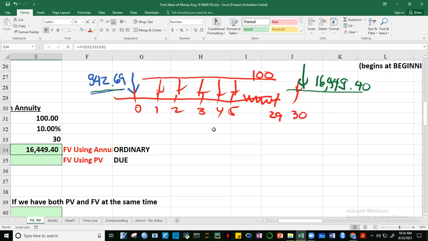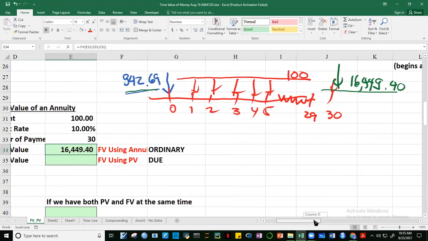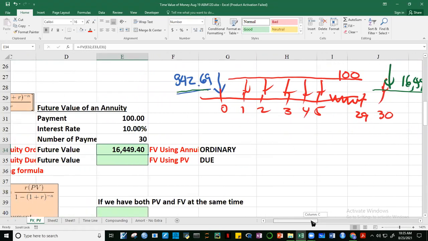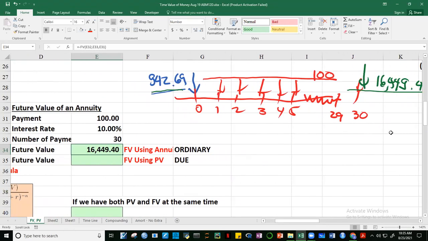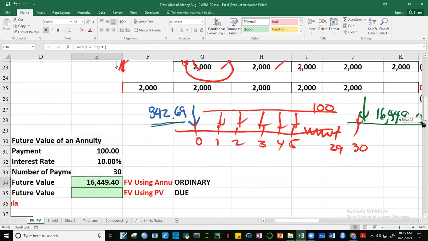Ibig sabihin ng indifferent, guys, we couldn't care less. Whether it's 942.69 or 100 na annuity or 16,449.4, all things being equal, guys, pare-pareho lang yan. They are equivalent values. Okay? So we are indifferent to choosing any one of them. Okay, kasi pare-pareho namang equivalent cash flows yung mga yan.